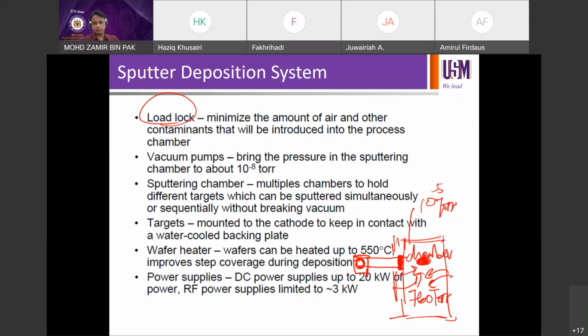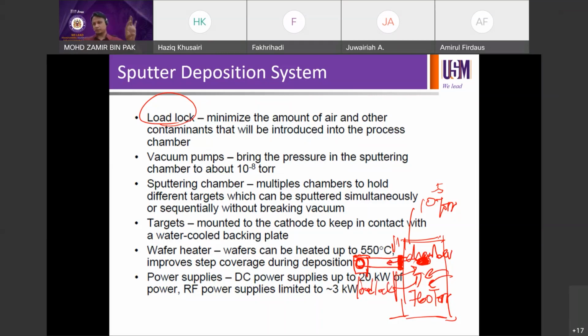This gate valve is like a door, to isolate your chamber and your load lock. The one on the left is the load lock. You make sure that your load lock is at the same pressure as the chamber pressure, 10-5, and then you have a robot arm to transfer your sample into the load lock after you're done.